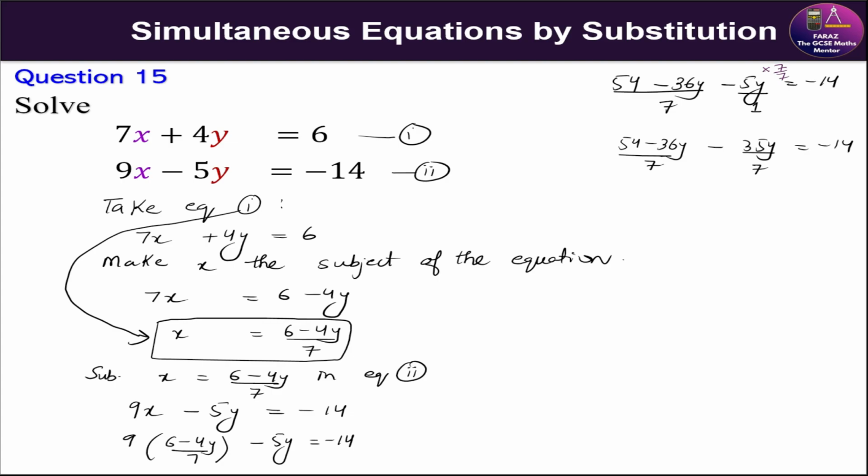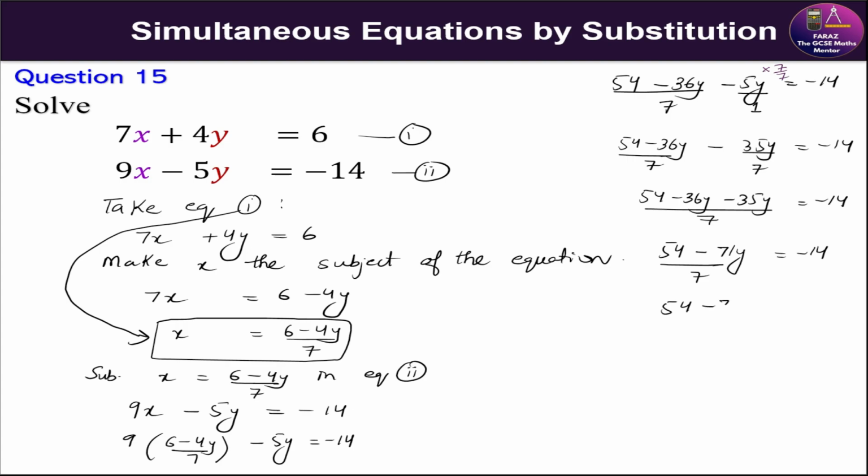Now we can write it in a single fraction like this: 54 minus 36y minus 35y equals to minus 14. Then we can write it as 54 minus 71y over 7 equals to negative 14, as we have to add negative 36 and negative 35, which is negative 71y.